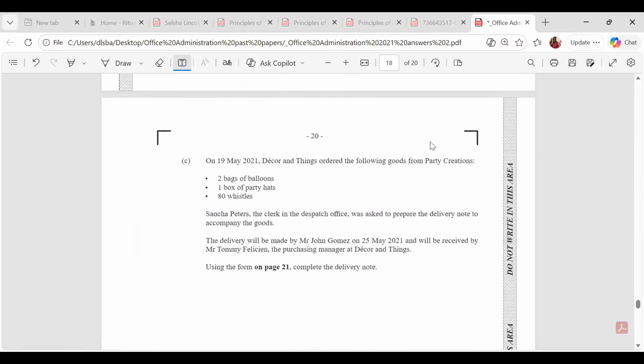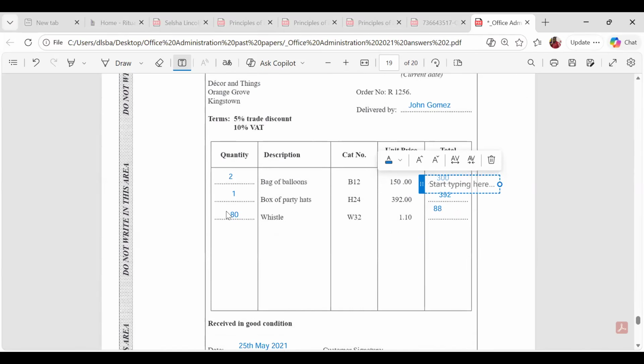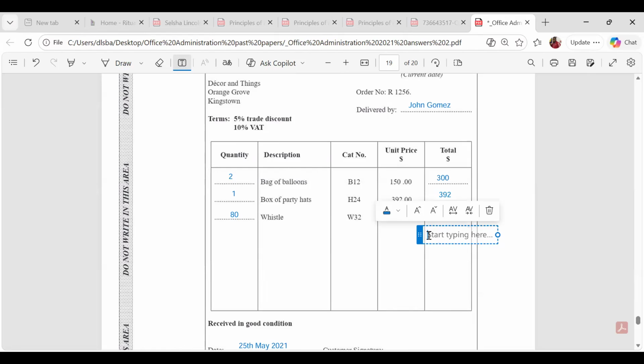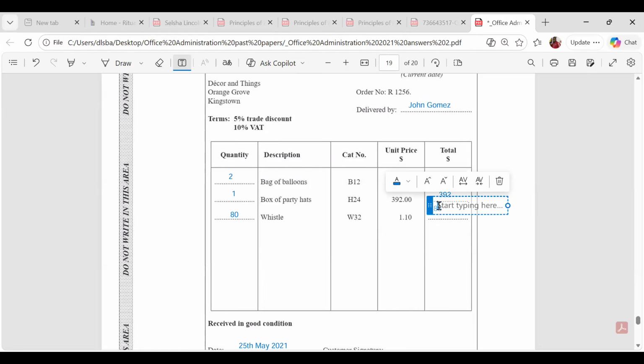Whistles, 80 whistles. Each is $1.10, so to get the total, I just take $1.10 and multiply it by 80.